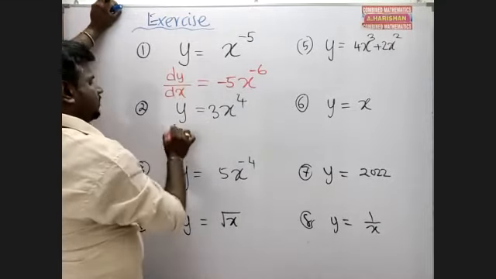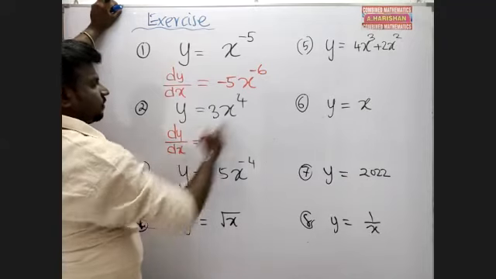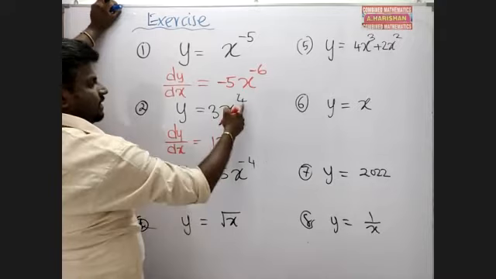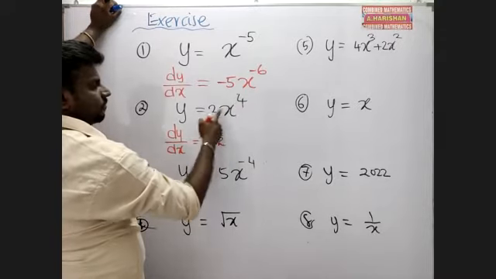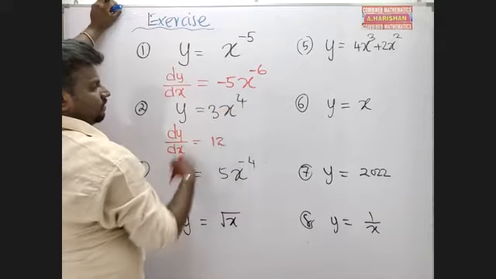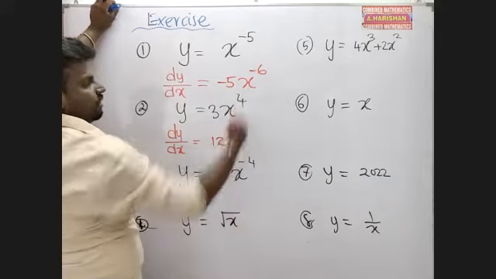What about this? dy by dx: bring the 4 down, 12, because you already have 3, and 3 into 4 is 12. It will be multiplied by x cubed, reduce 1.